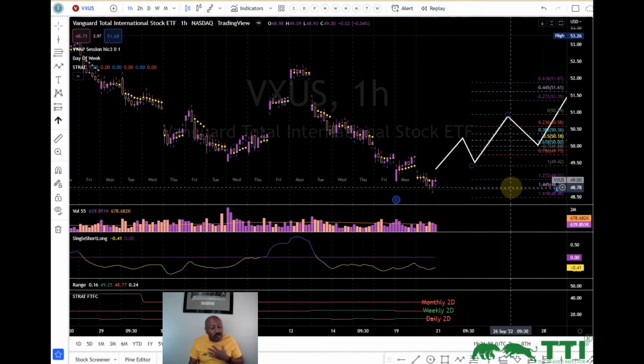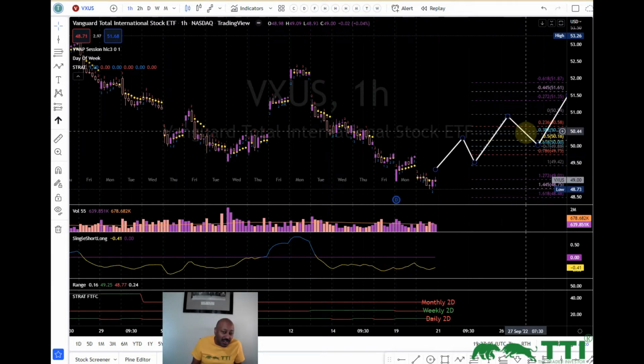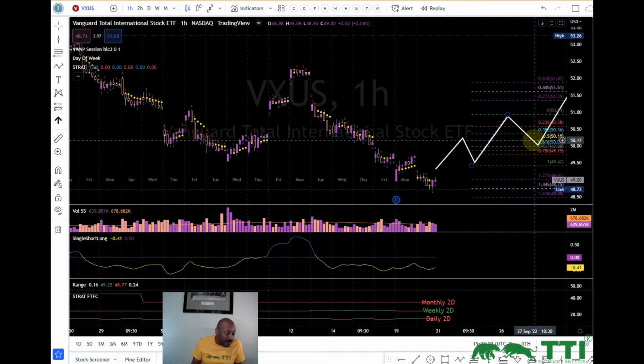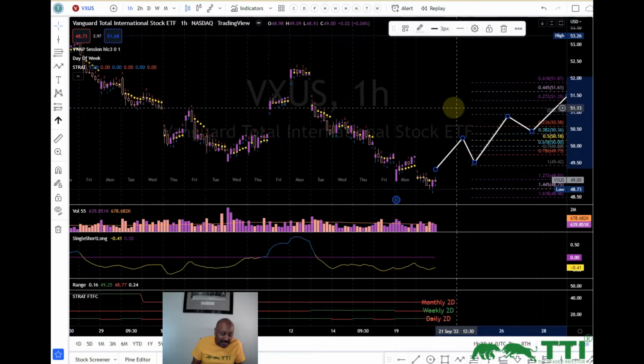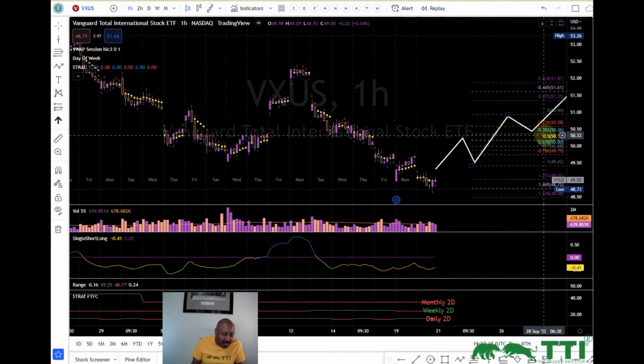So for me, where I redraw it is based on how far this pullback is. If it's a shallow pullback, I don't redraw it. By shallow, I mean if it's like this, right? It does not even go past the 38.2.